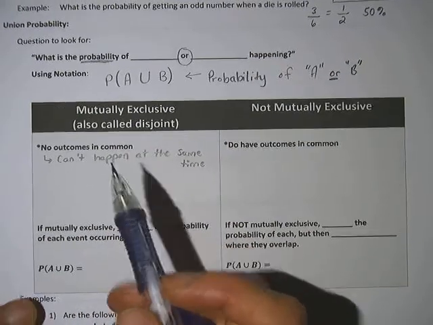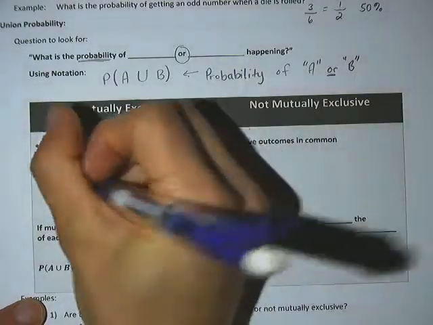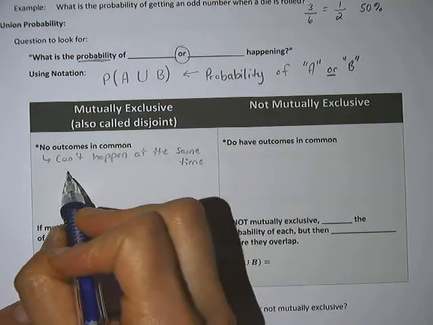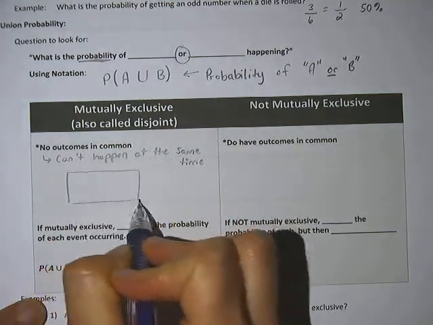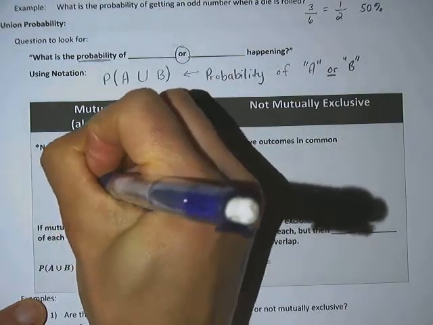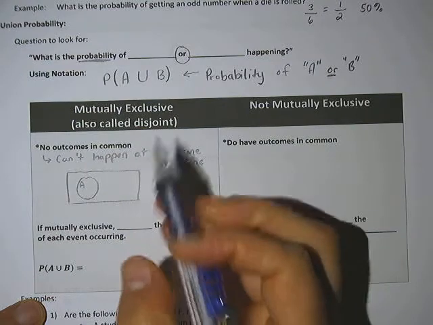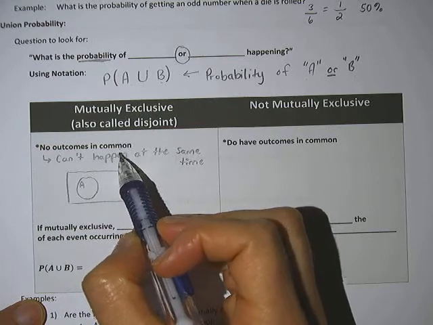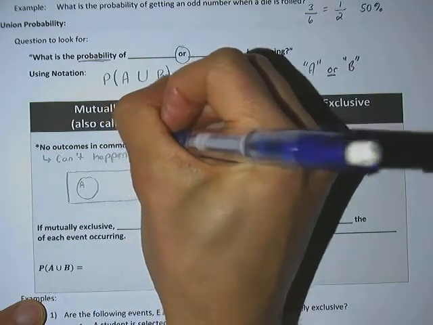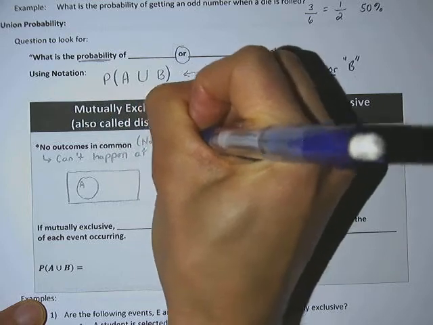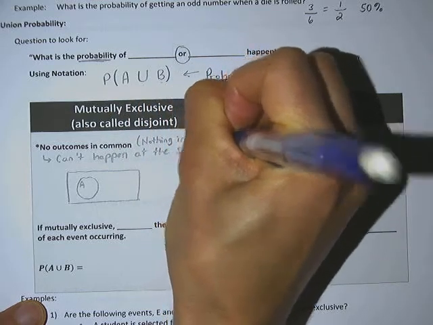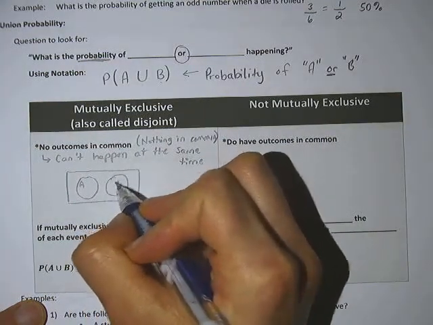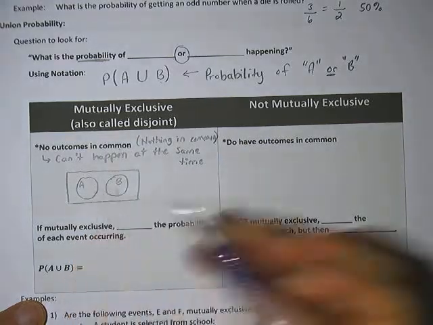Okay. Now, if you're thinking about it in terms of the Venn diagram, mutually exclusive events have no outcomes in common. So if you look at A and B, you have all the possibilities that could happen with A, and then all the possibilities that could happen with B. If they have nothing in common, then that means they would not overlap, because the only reason two things would overlap is if they do have something in common.